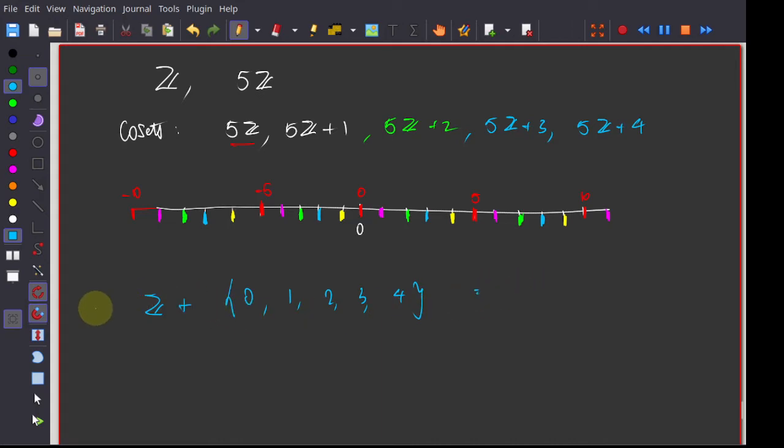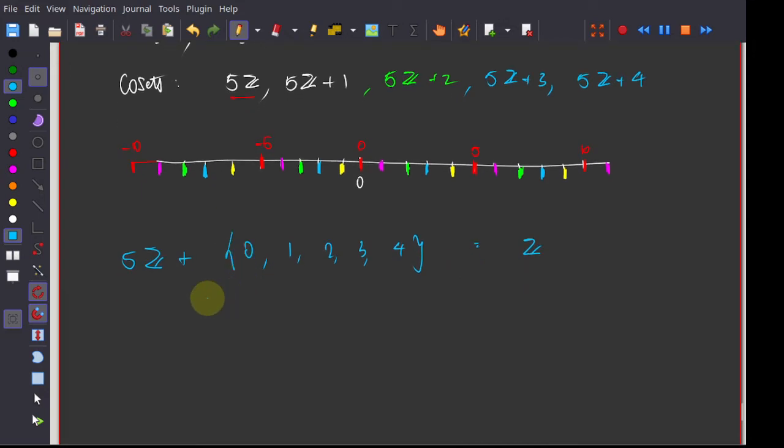So this gives me Z. Each of these translates gives me a coset, and these elements are called coset representatives.